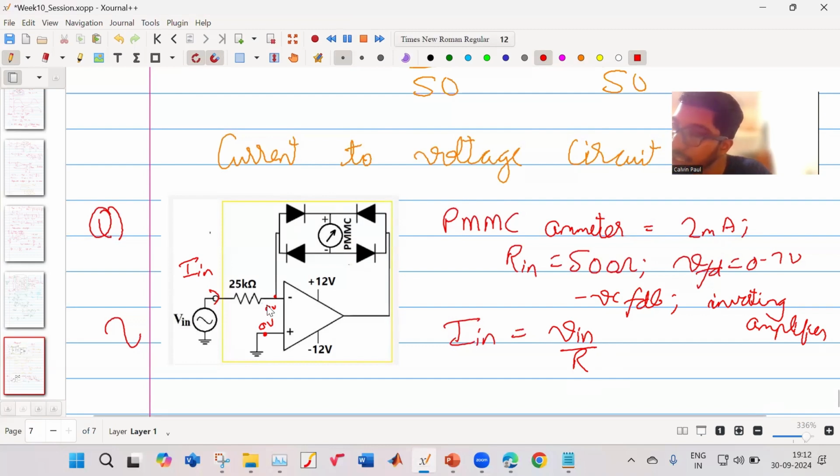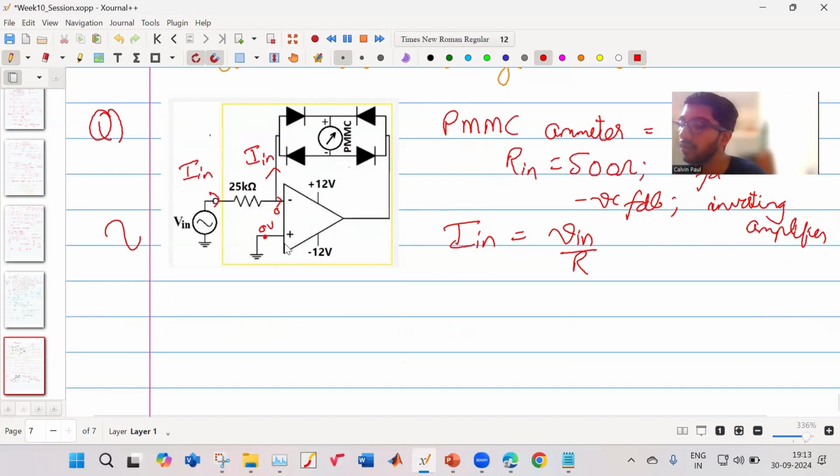Now, this current cannot flow over here. Into the op amp, the current is 0. So this input current has to flow like this, right?